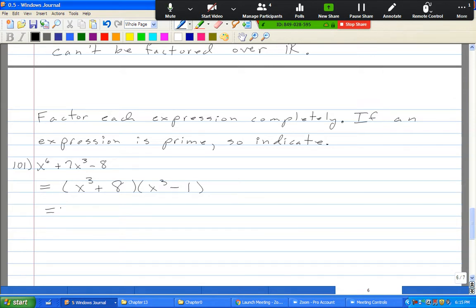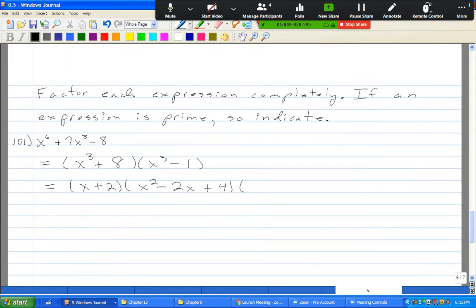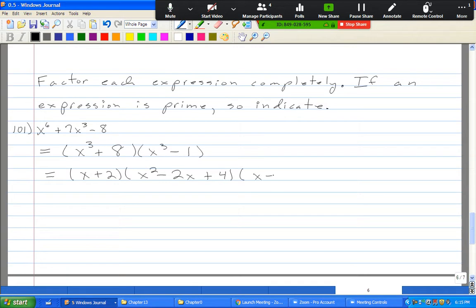So now, using the sum of cubes formula, I get x plus 2 times x squared minus 2x plus 4. I can factor x cubed minus 1. It's the difference of cubes. So x minus 1 times x squared plus x plus 1.